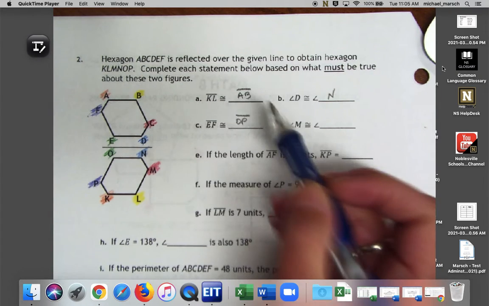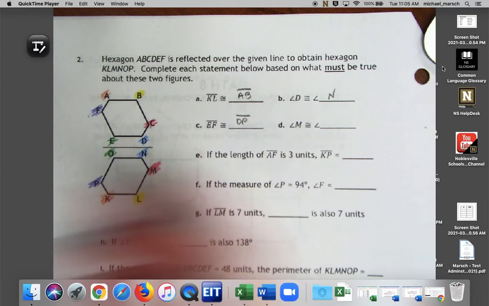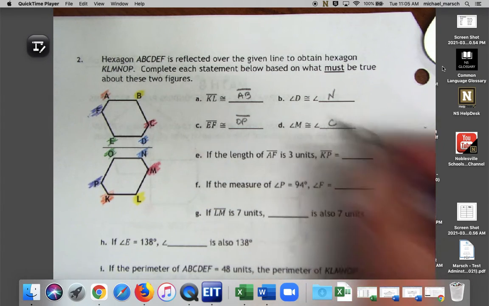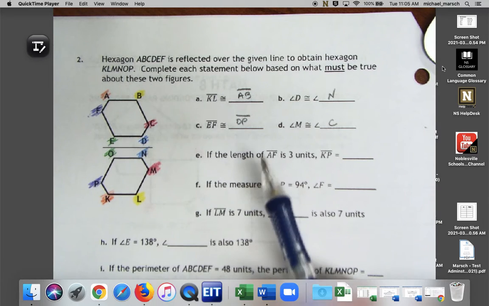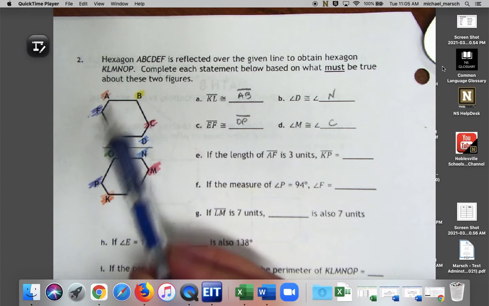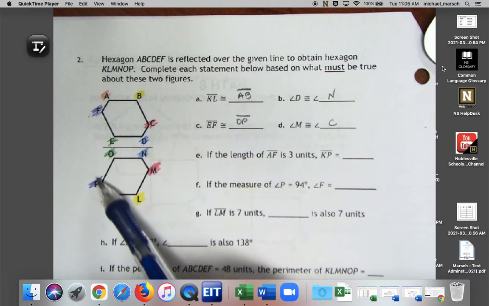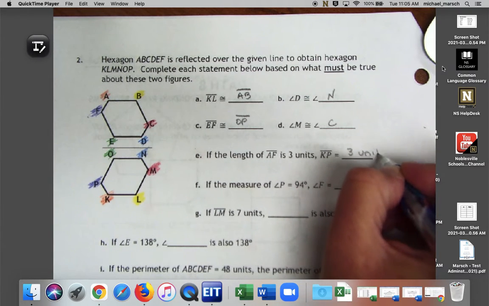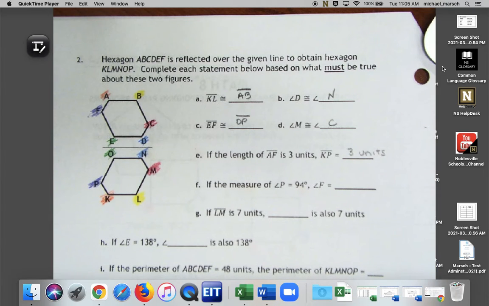You guys putting those little lines above? Yeah. Okay. Angle M is congruent to angle C. If the length of AF is 3 units, what's the length of KP? 3 units. And we know that because we didn't change the size, right? We didn't dilate anything, we just reflected it.